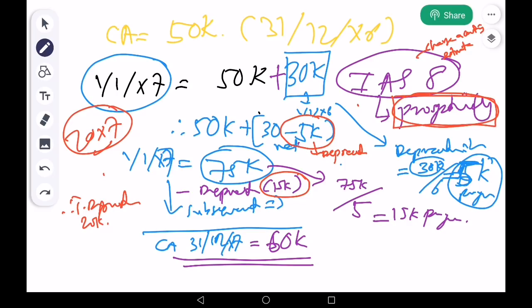When the grant has been revoked, grant cancelled because you didn't use the equipment for the right purpose, so the government instructs to pay back every single thing. So that's why your 30k previously needs to be added back, but you only recognize the net because the 5k depreciation that you saved last year needs to be charged this year. So at this 2007 itself, you have a new depreciation because you have a new carrying amount, which is divided by the remaining life. So total depreciation is 20k, and at the end is your 60k.